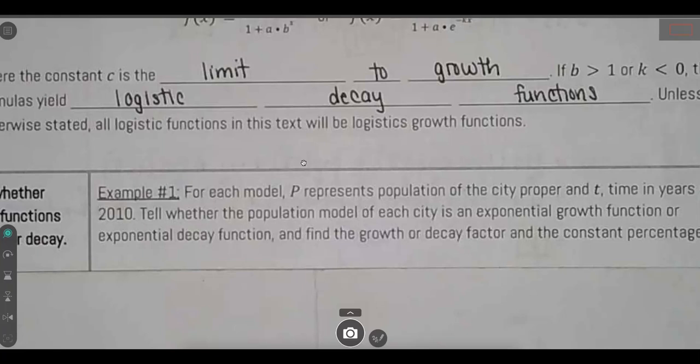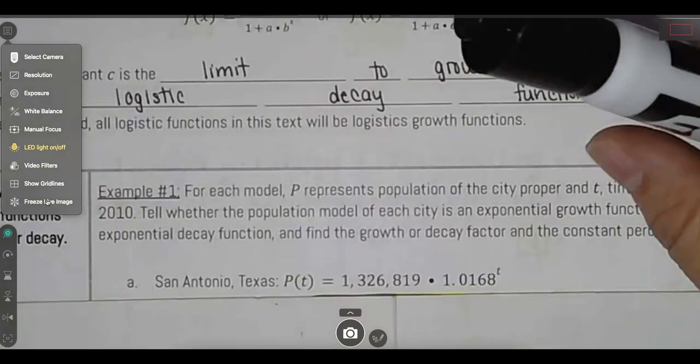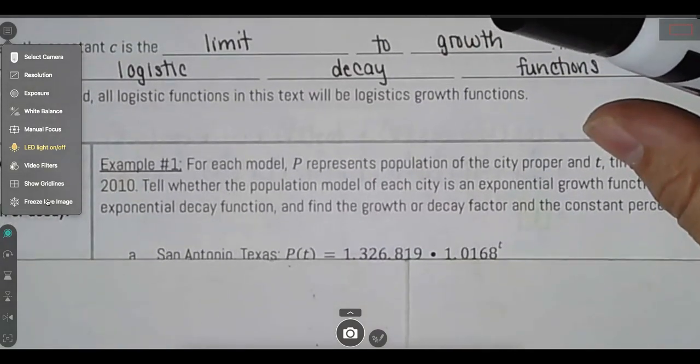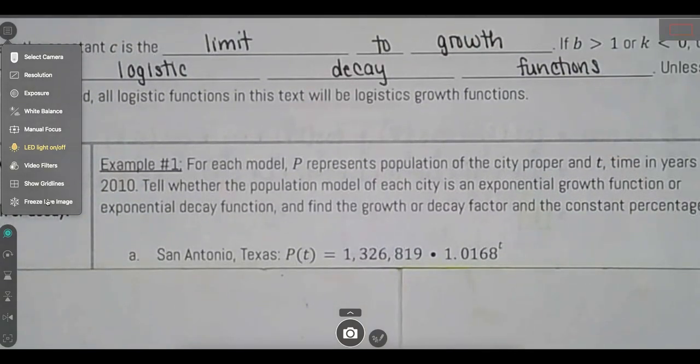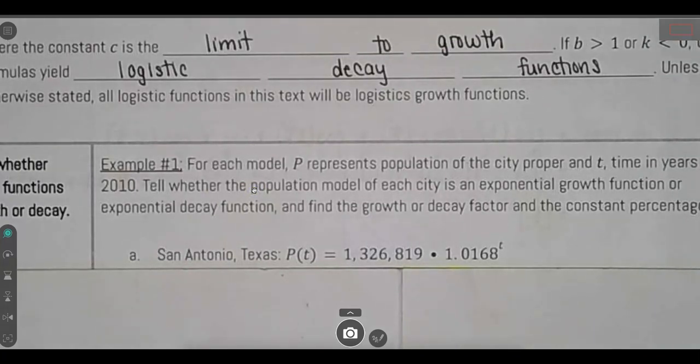Okay, so, let me do this. Let's focus on A. Graph this and tell me if it's a growth or a decay function. Or if you can just look at it and tell if it's going up or going down, great.